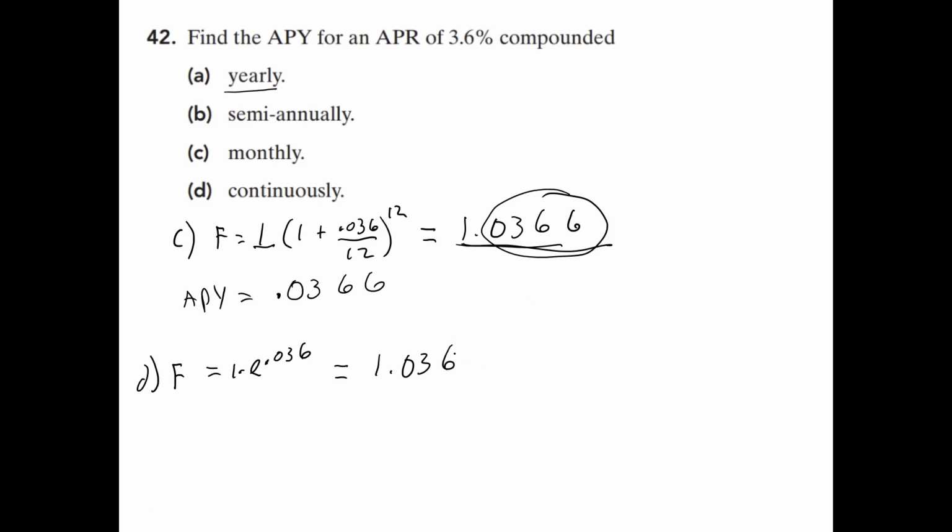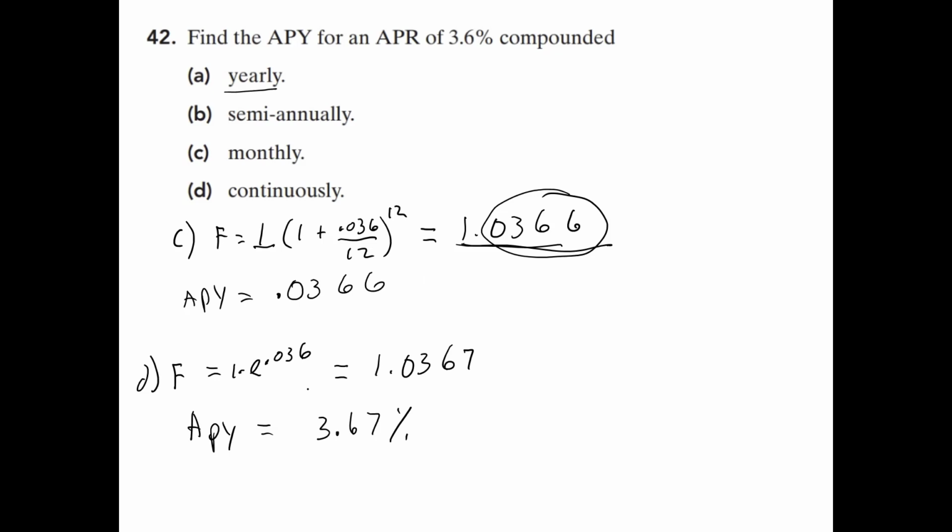It should be a 7. We round it off to there. And so again, your annual percentage yield is now 1.0367. Sorry, so you take away the 1 and you get 3.67%. Not that much different than compounding monthly.